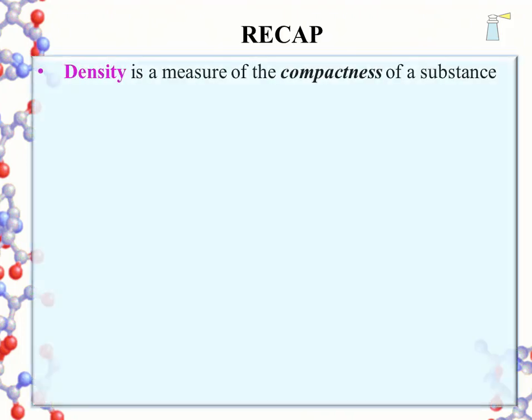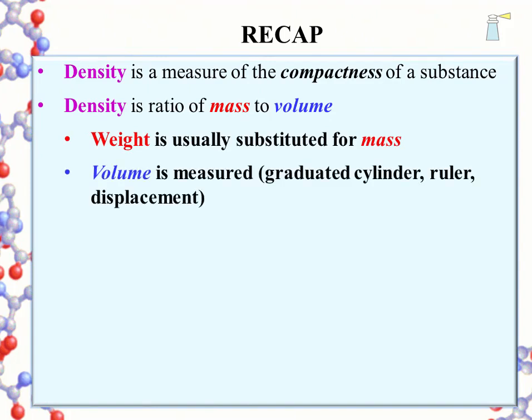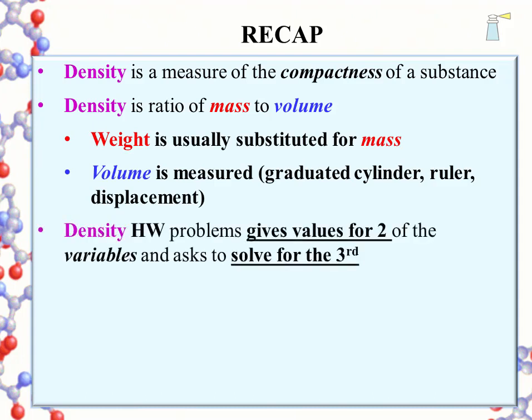Recapping the lecture. Density is a measure of the compactness of a substance. Density is a ratio of mass to volume. Weight is usually substituted for mass. Volume is usually measured: graduated cylinder, ruler, displacement. Density homework problems give you values for 2 of the variables and ask to solve for the third.